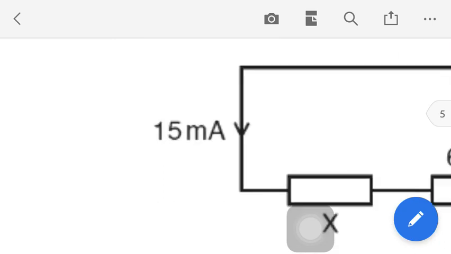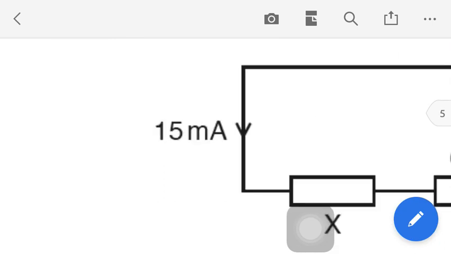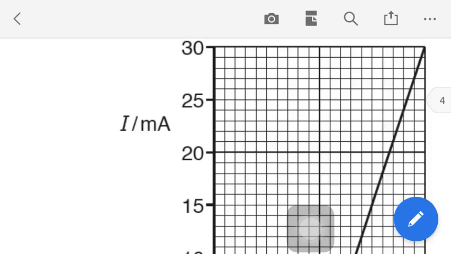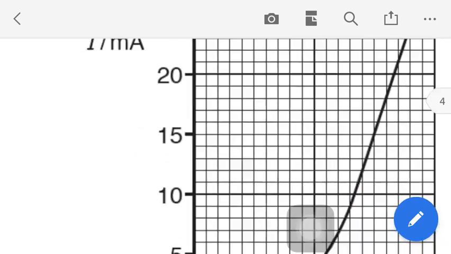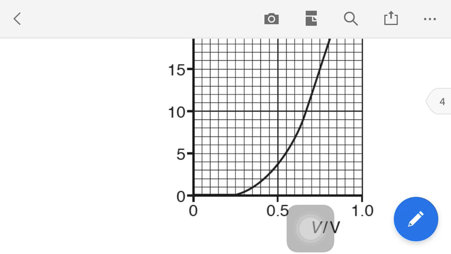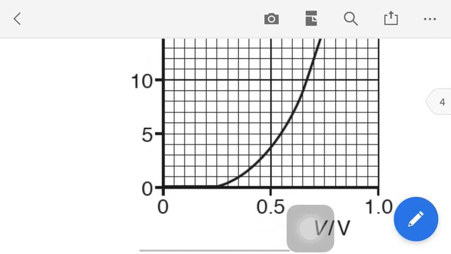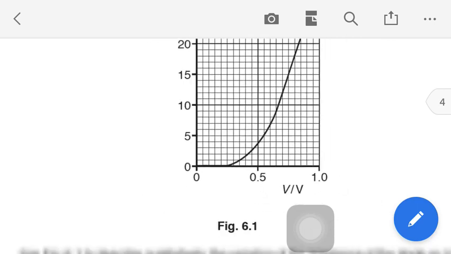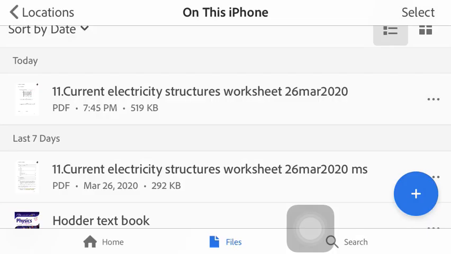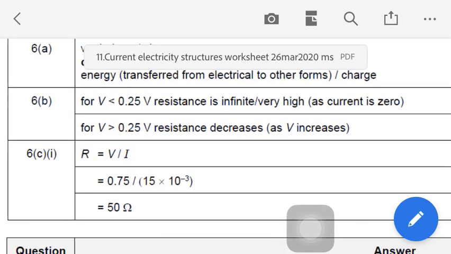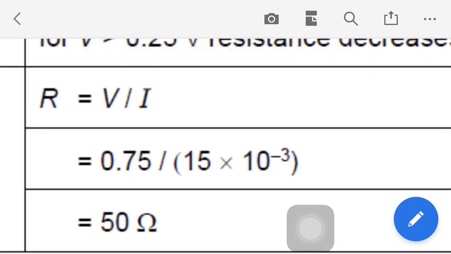The current in the circuit is 15 milliampere, so you have to find the corresponding voltage. The voltage corresponding to 15 milliampere is midway between 0.5 and 1, so 0.75. If you substitute that, 0.75 divided by 15 milliamps, you get 50 ohms.